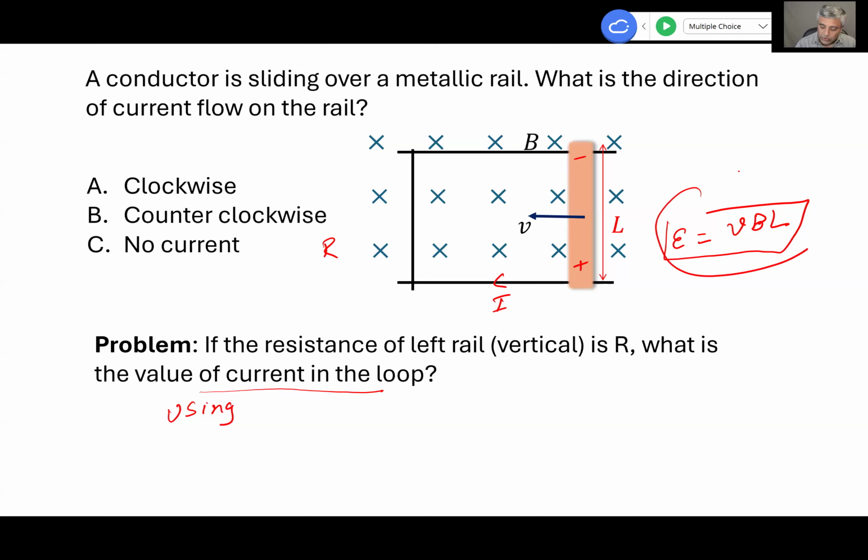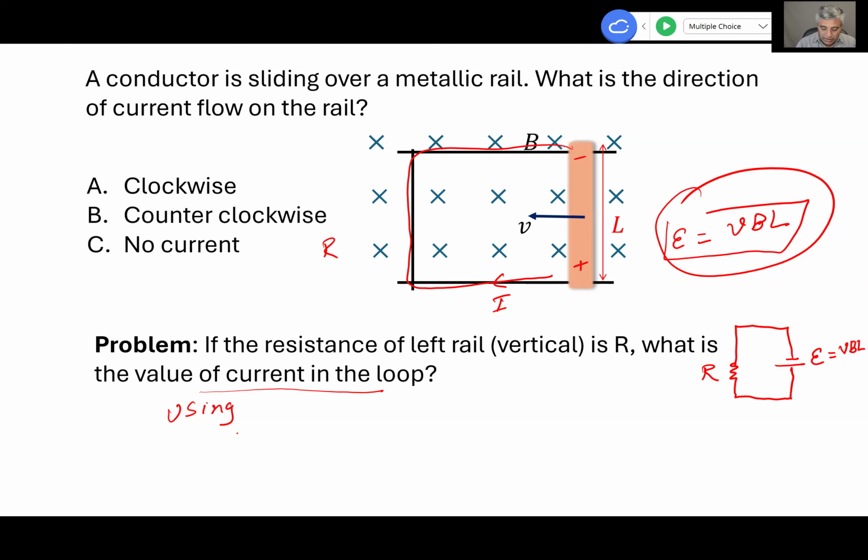There is only one source of EMF, and this is a series circuit, like this kind of circuit. I think I drew the battery the other way around. So this kind of battery has an EMF, and resistance R, and the EMF is VBL.